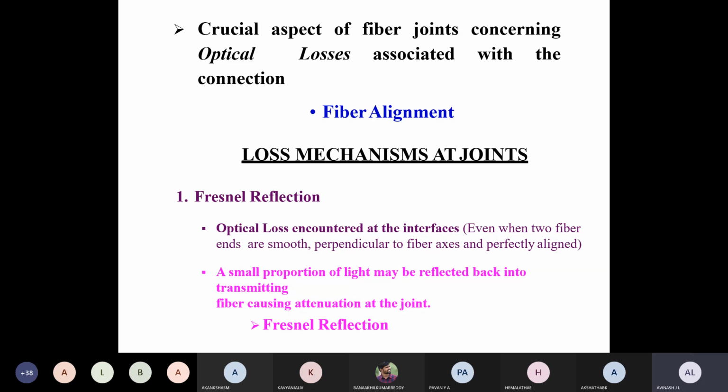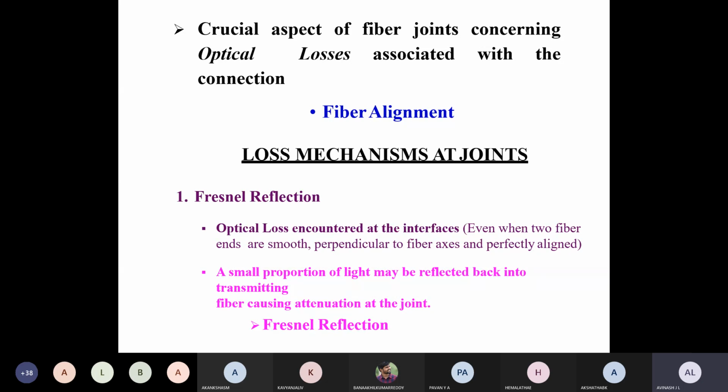The first one you take down is Fresnel reflection. This is the optical loss encountered at the interfaces.